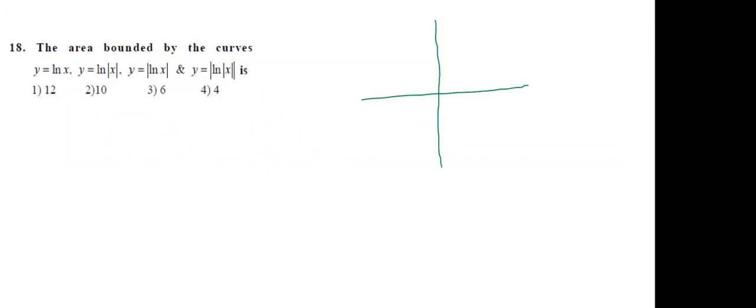I am drawing them one by one. There are 4 curves. The 4 curves are like this. This is one, this is another one, this is one more, and this is the last.